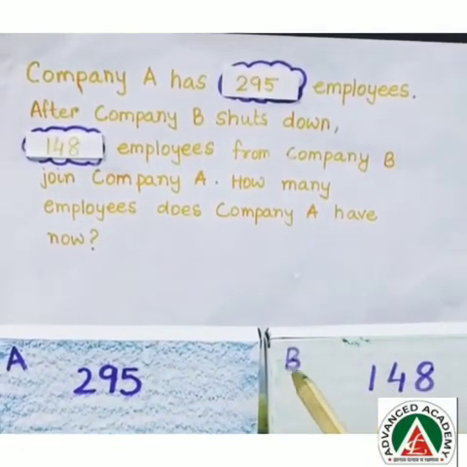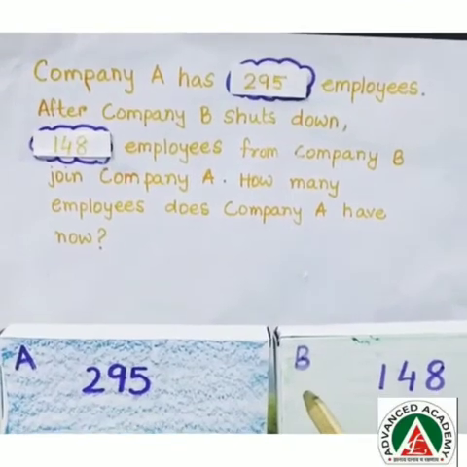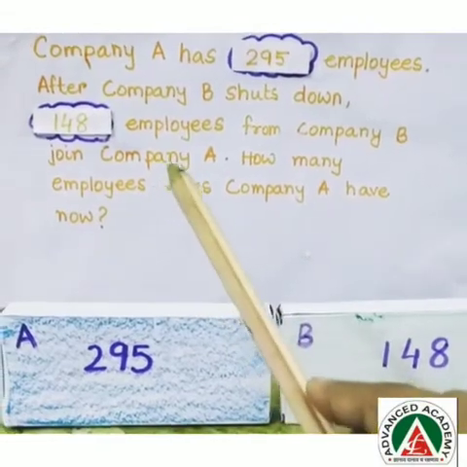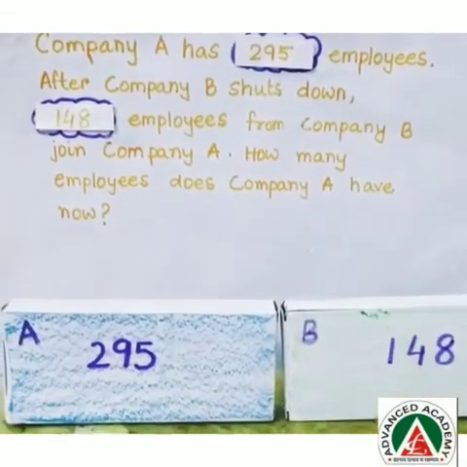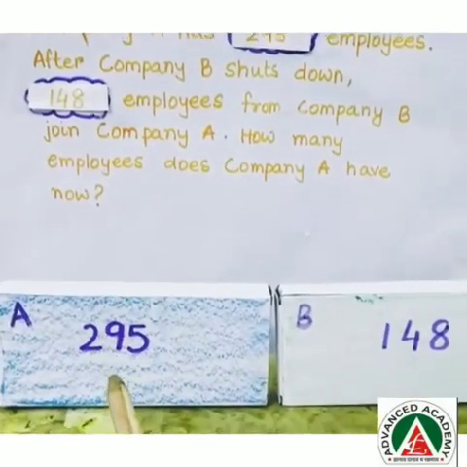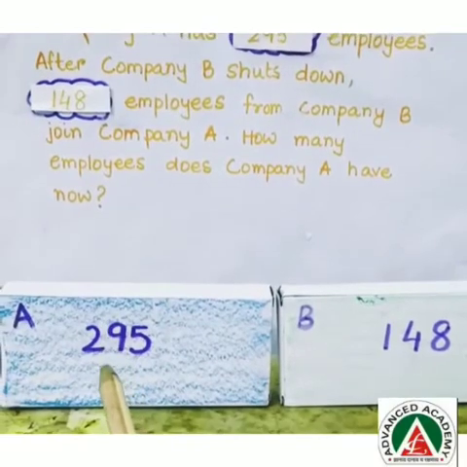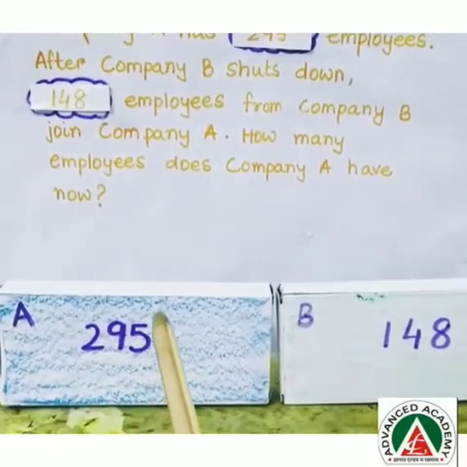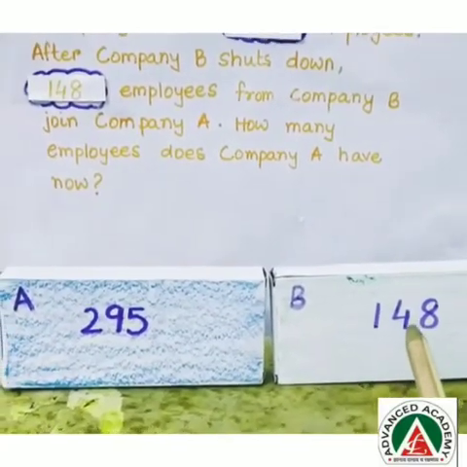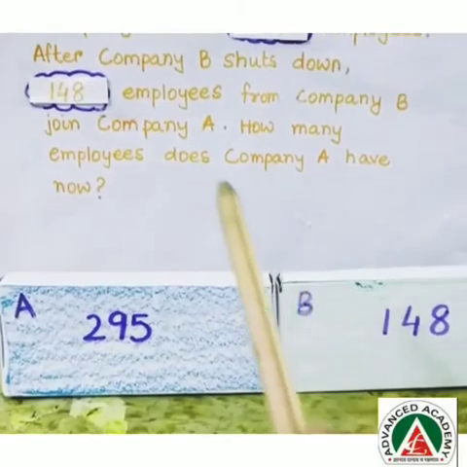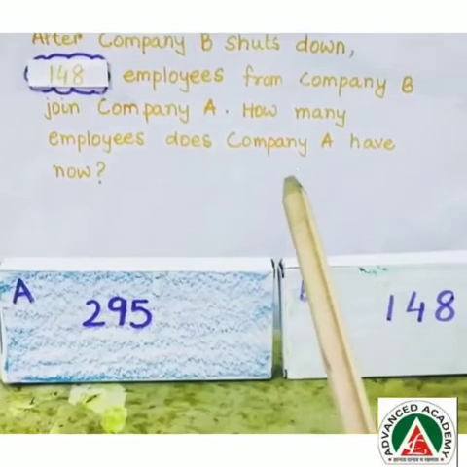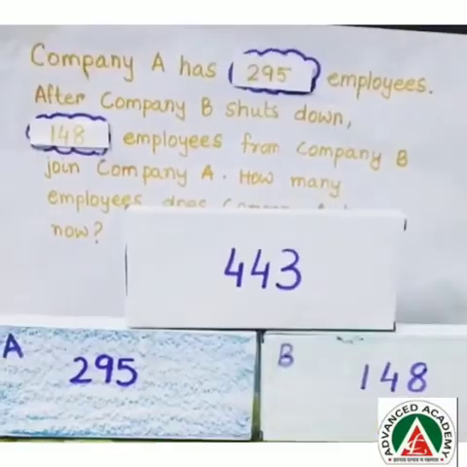Now, Company B has 148 employees. When Company B shuts down, these employees go and join Company A. So, we have 295 employees of Company A and 148 employees of Company B. So the question is, how many employees does Company A have now?